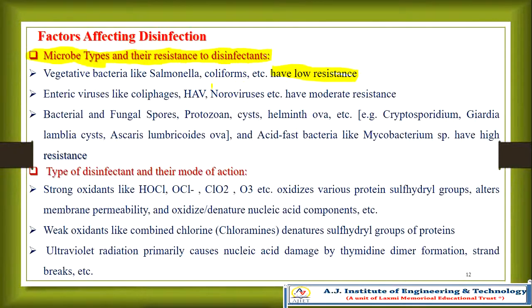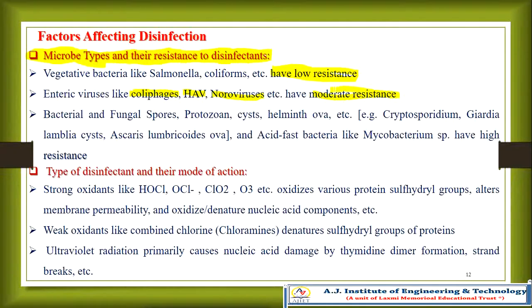Enteric viruses like coliphages, HIV, noroviruses, etc. have moderate resistance.